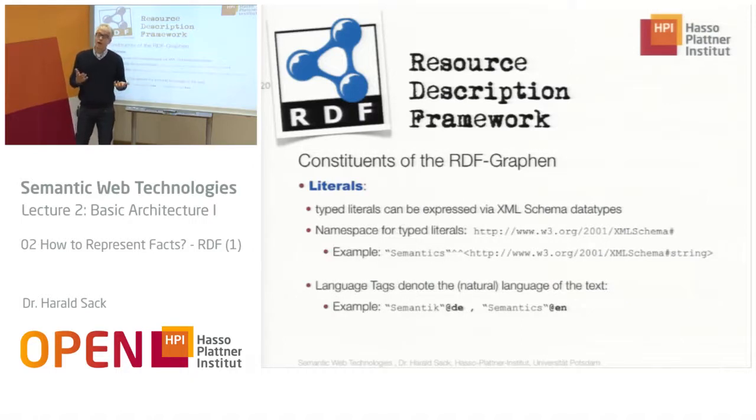Also, of course, I can use data types, and for data types I can reuse things that can be expressed via XML schema data types. So I have to include into my RDF document the namespace for XML schema literals, pretty simple. And then I can state this is a literal. So I have here quotation marks, semantics. And then I have to add the URI of the data type I am referring to. This is then the namespace for the XML schema data type, then a hash as a fragment identifier, and then the string I am referring to.